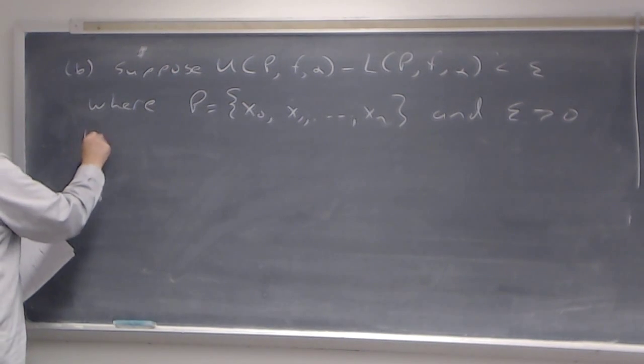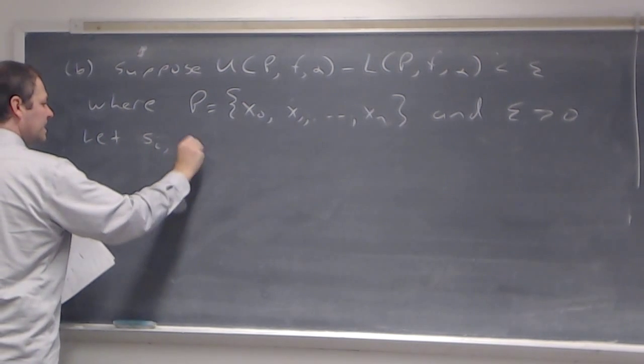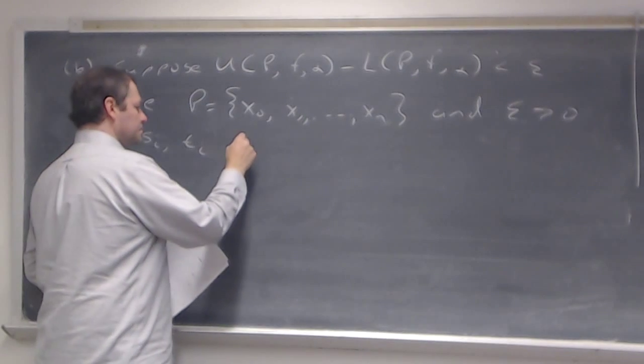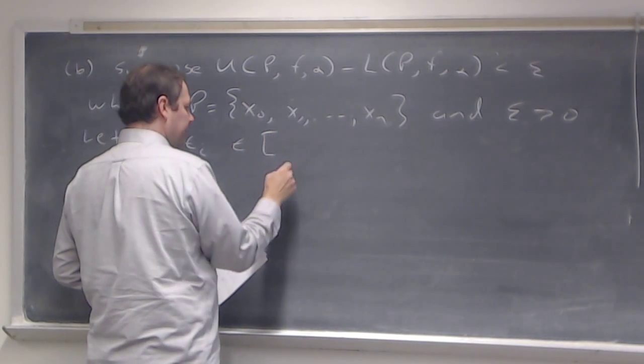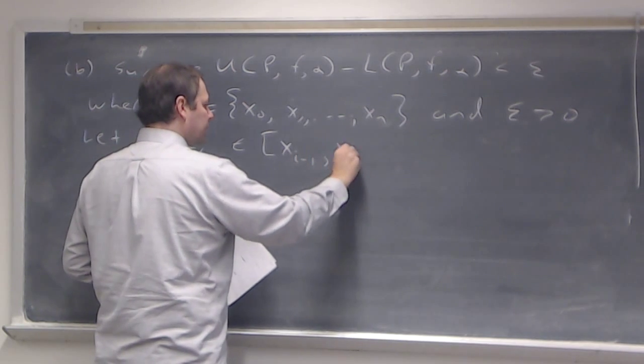What we're going to do is we're going to let s sub i and t sub i be arbitrary elements, so I'm just going to say the elements of x of i minus 1 up to x of i.